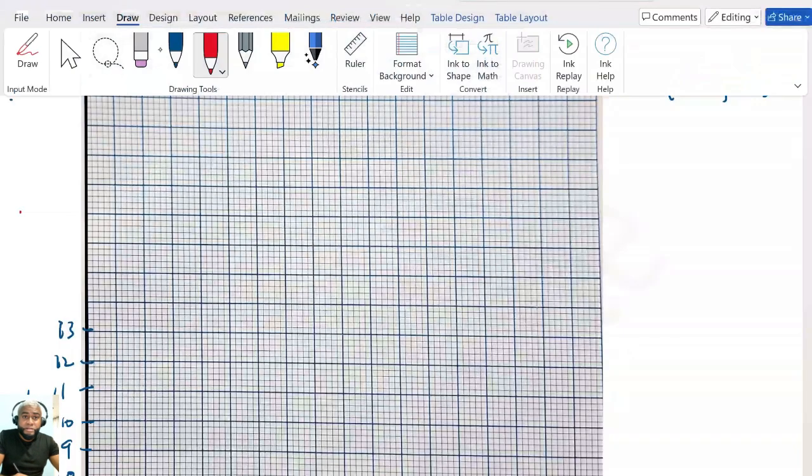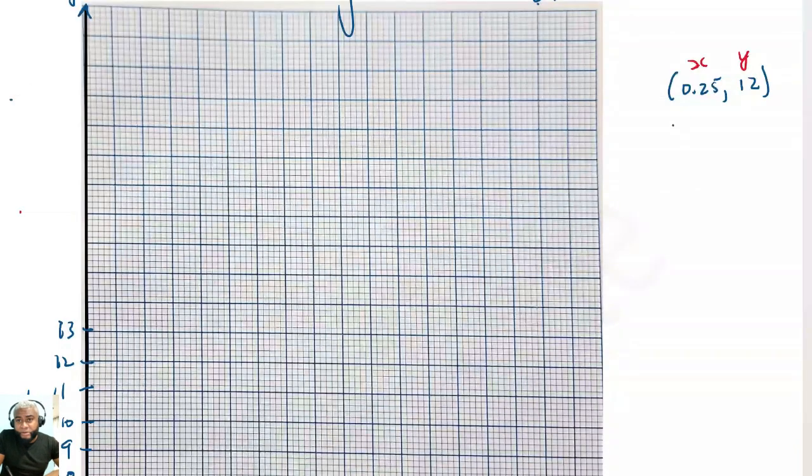So let's go. Second coordinate from the table, what's the second coordinate? Comma. Now when I say coordinate, I'm talking about the two values. What's my third coordinate?